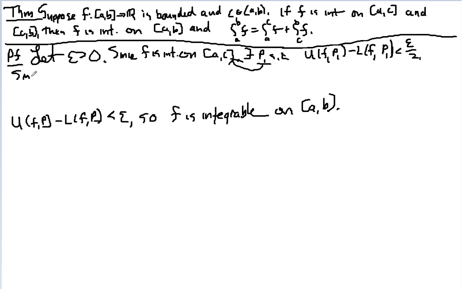Similarly, there exists a partition P2 of CB such that U of f of P2 minus L of f of P2 is less than epsilon over 2.